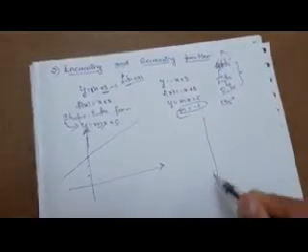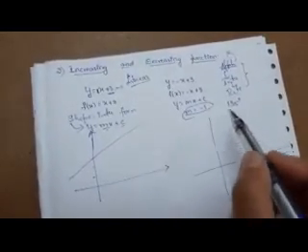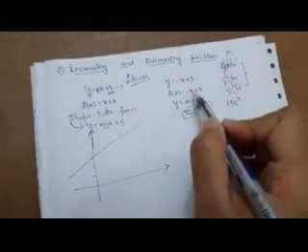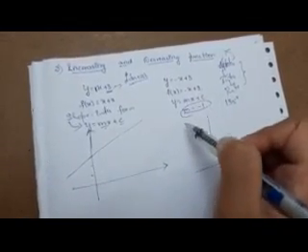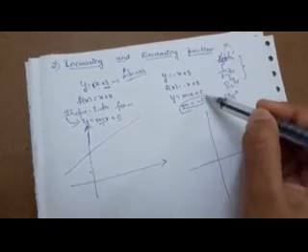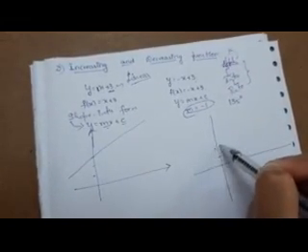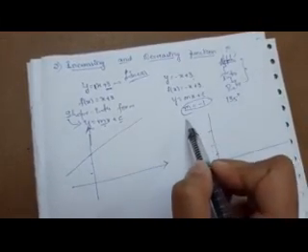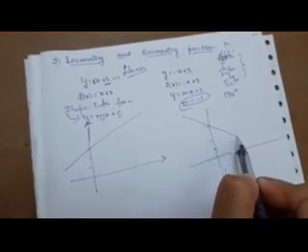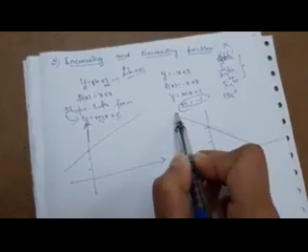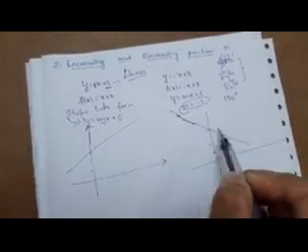What is our intercept? The intercept is again positive 3. So the intercept is 3, with a line making an angle of 135 degrees. The graphical representation of this one is like this.